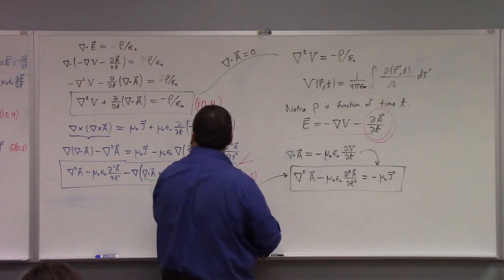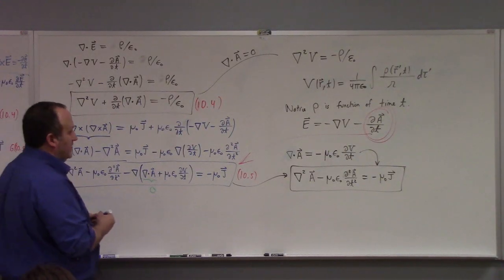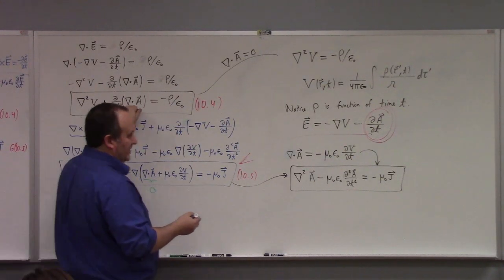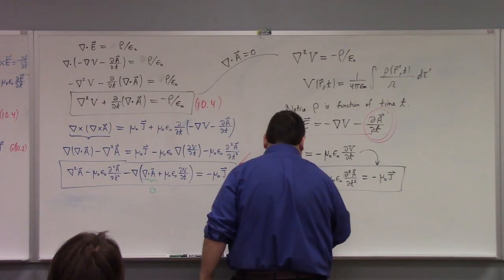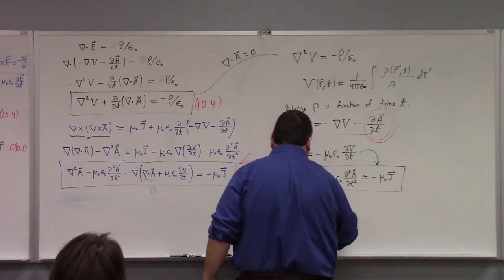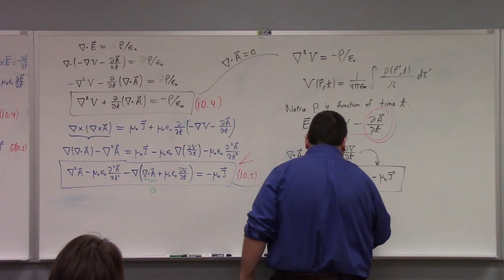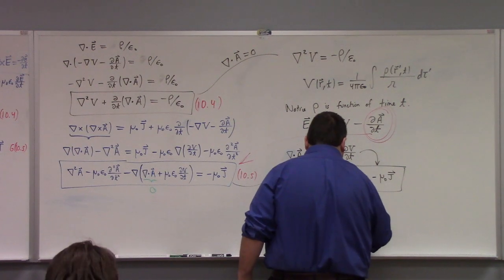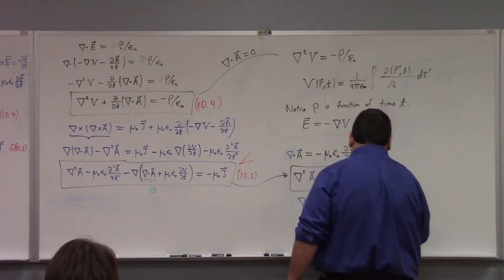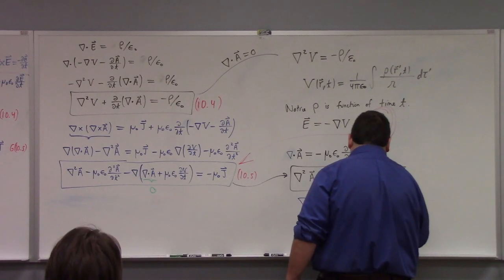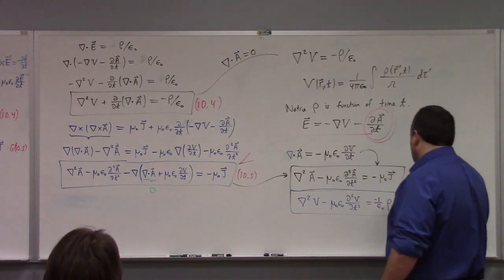Let's see here. So this equation, right? What's the divergence of A equal to? Minus, see, it becomes, oh, look at that. It becomes nabla squared V minus mu naught epsilon naught partial squared V partial t squared equals minus rho over epsilon naught.